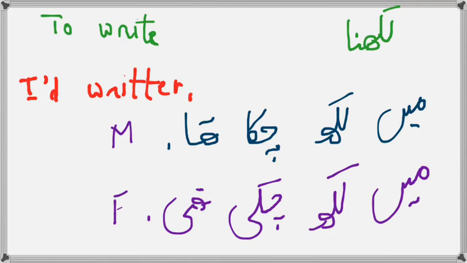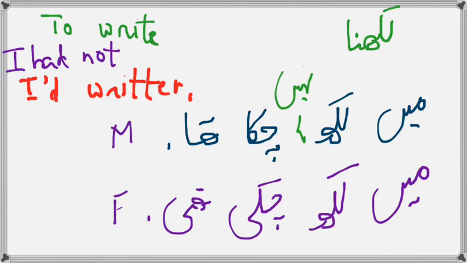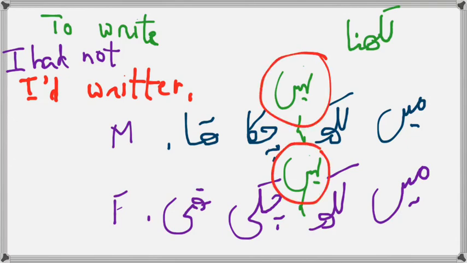But here we want to discuss the negative sentences. In English, we say I had not written, I hadn't written. In Urdu, we will say मैं लिख नहीं चुका था, मैं लिख नहीं चुकी थी. So you just have to add nahi in between the words and you have got the negative sentences.